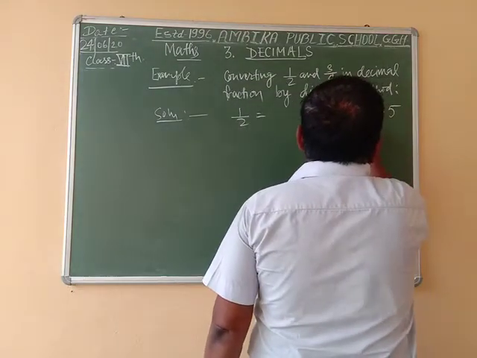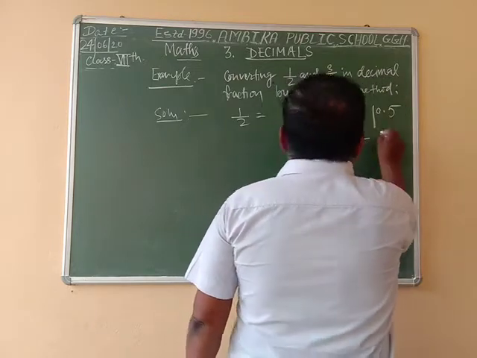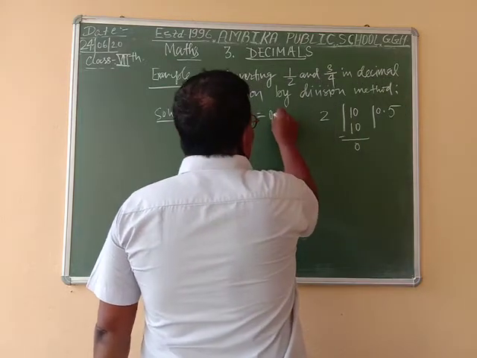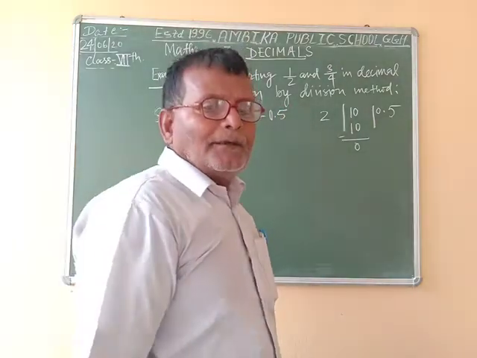So in decimal form 1 by 2 is equal to 0.5.